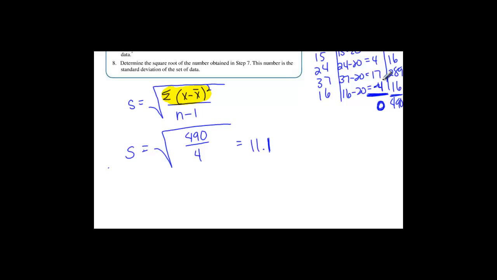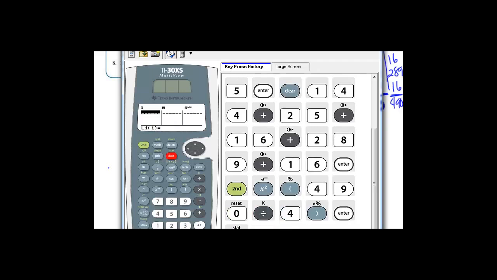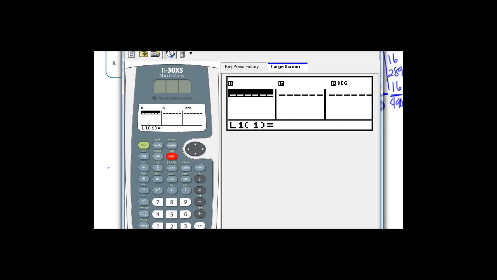Now if I want to check that in my calculator, let's go to the calculator. There's a nice video within Blackboard that'll show you how to use your calculator in descriptive statistics. So we're actually going to do exactly what that video instructed, which is, if you go in your calculator to the data screen, this data button gives you a table, and we're going to provide a list under L1.